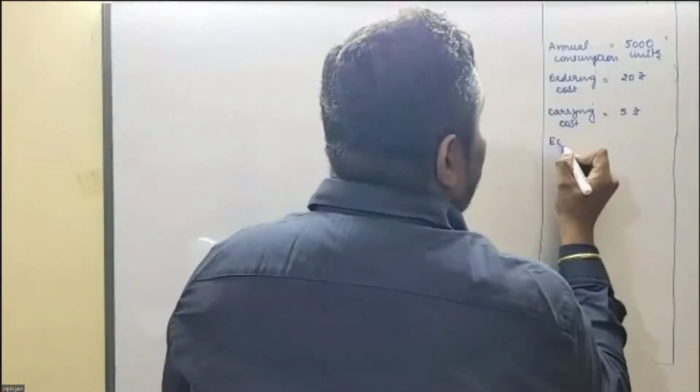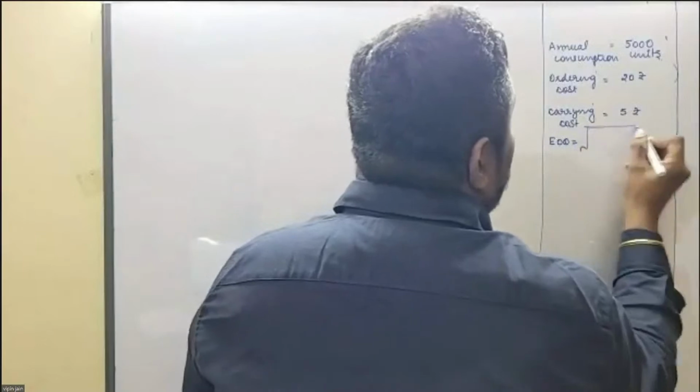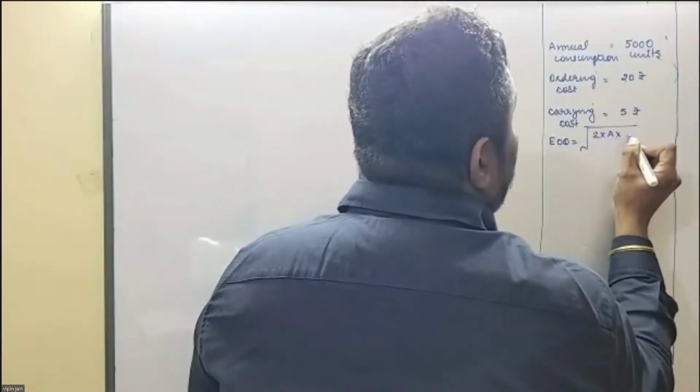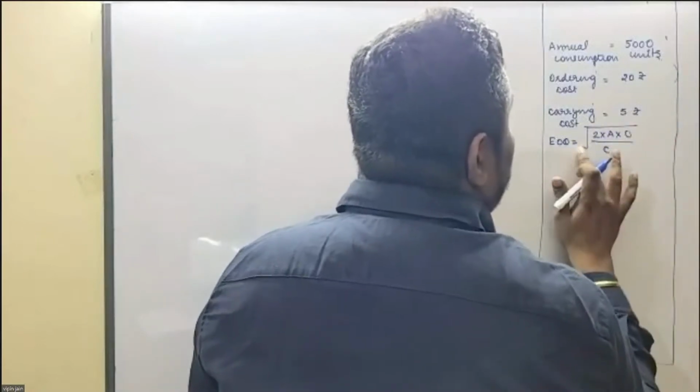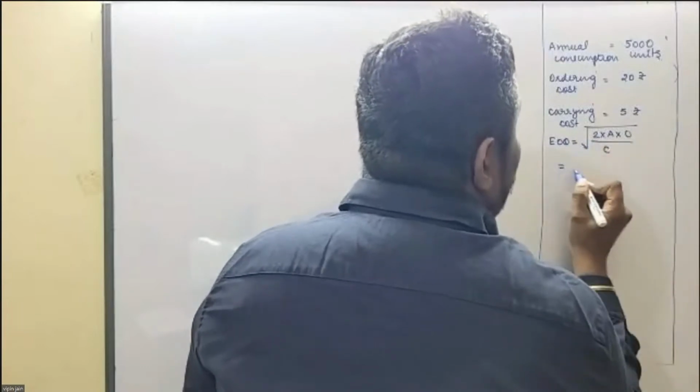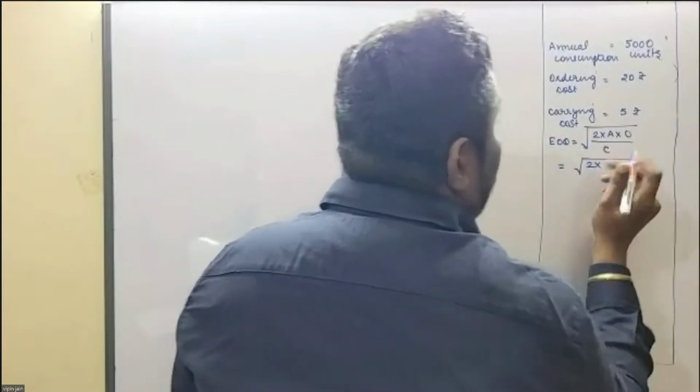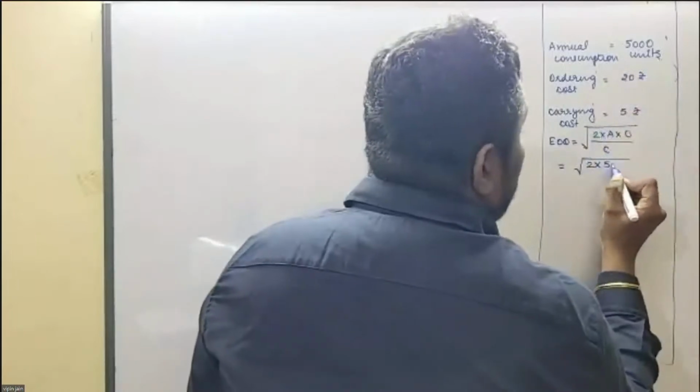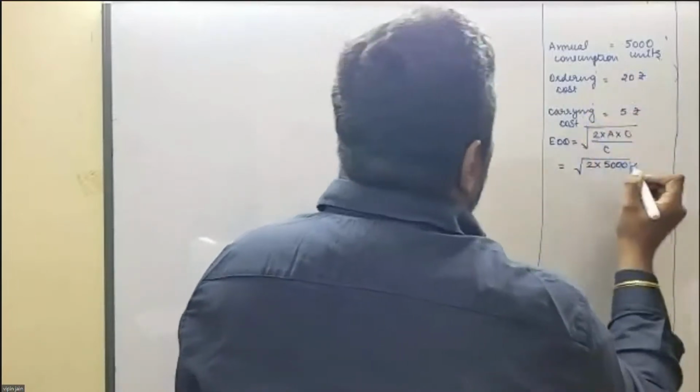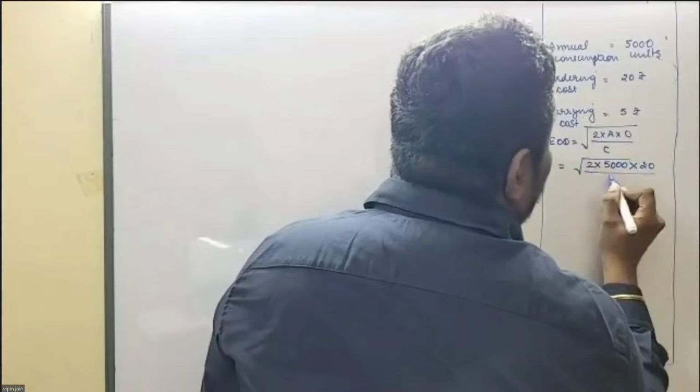So economic order quantity is equal to under root 2 into A into O upon C. Therefore, under root 2 into A, my annual consumption is 5,000, my ordering cost is 20, divided by 5.